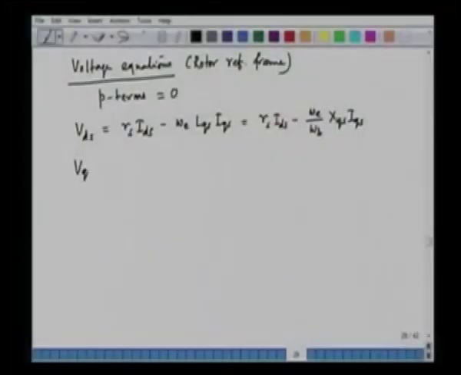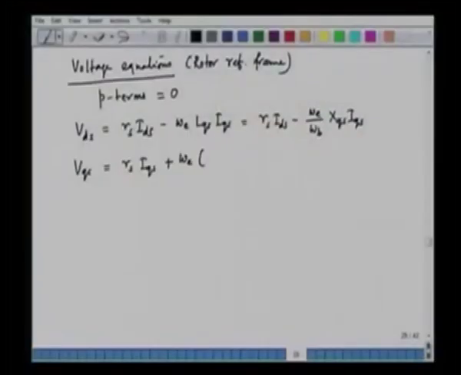Similarly, in the Q axis, if we write the voltage equation, what is VQS? VQS is equal to RS into IQS plus the rotor speed into the D axis flux. So here omega E is the rotor speed, and the D axis flux linkage is given by LDS into IDS plus LMD into IF. Damper currents are 0, they are not existing.